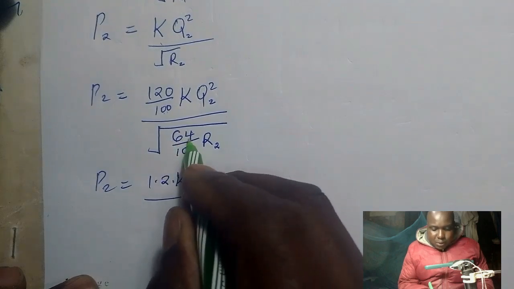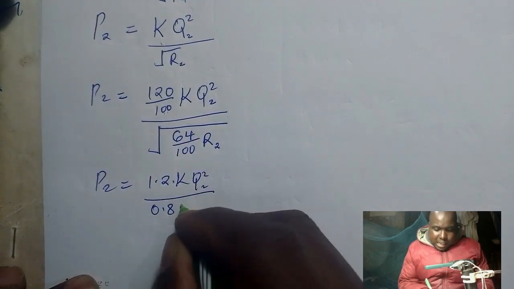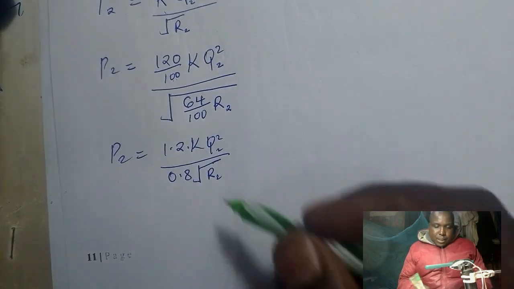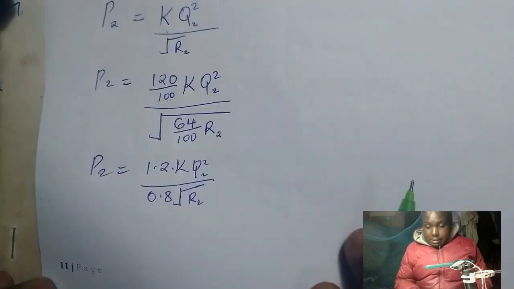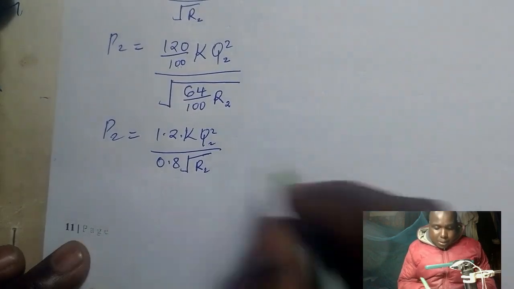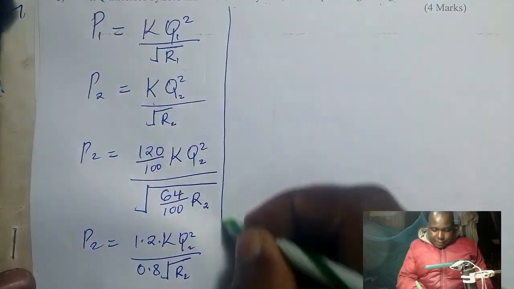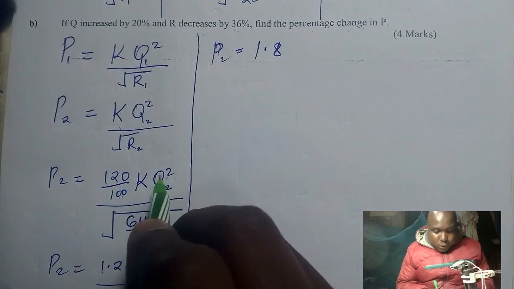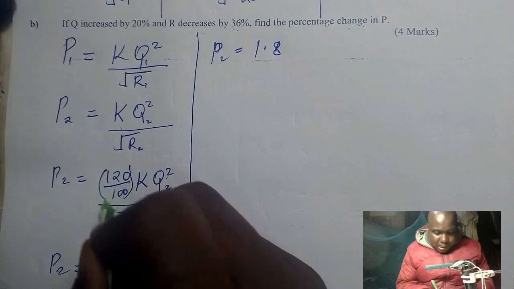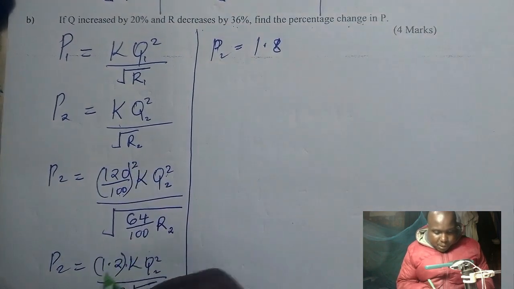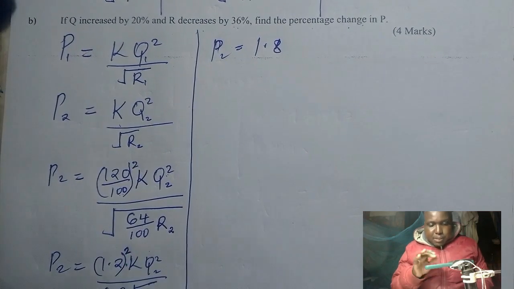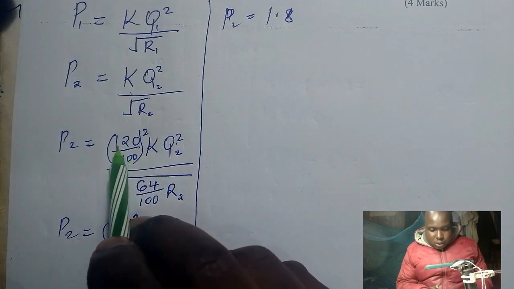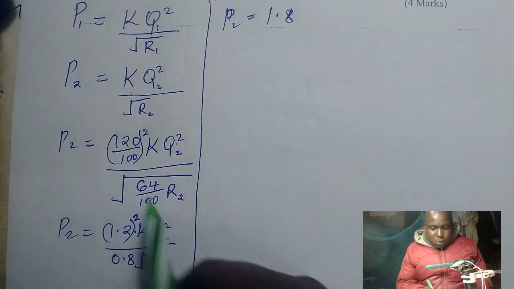This is 0.64, and the square root taken is 0.8 square root R2. So just divide the numbers. Remember Q was squared. Therefore, whatever answer we are going to get here should be squared. Please remember that, because this Q was squared, the answer here is going to be squared.